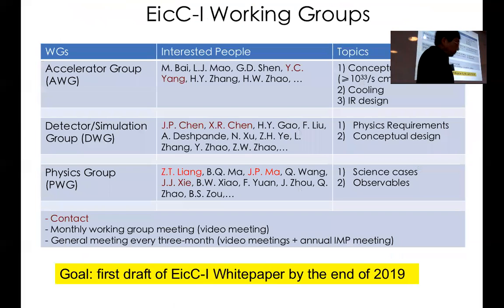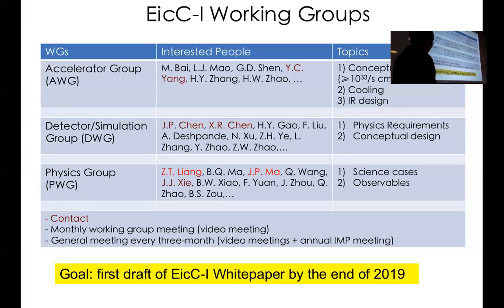So there were 3 working groups, one for accelerator, one for detectors. I'm helping them. Actually, I'm not really doing much. They are doing a lot of work. And then for the physics, there are a few theorists mostly working on this to define the science case.